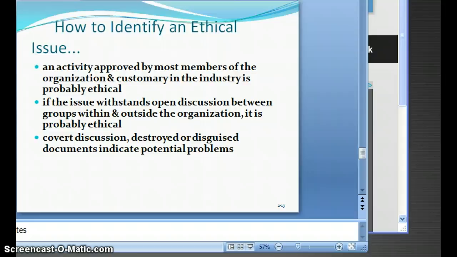But since we already know this is an unethical situation, then this is an open discussion that is a debate. Next, if the case involves covert discussion, destroyed or disguised documents or problems, I would say that identifies for you potential ethical issues that you can cite in your case study.